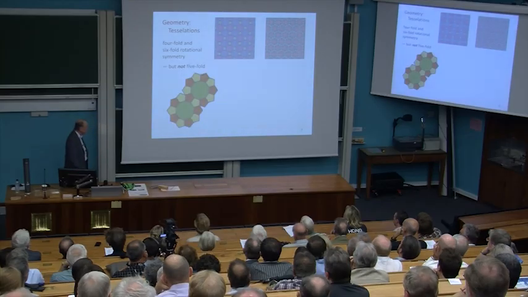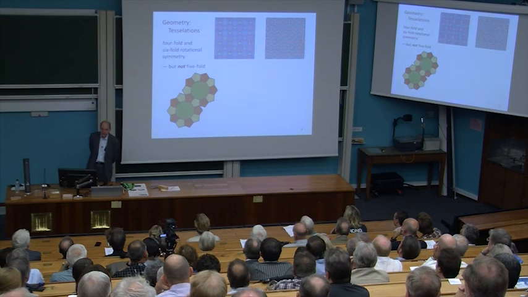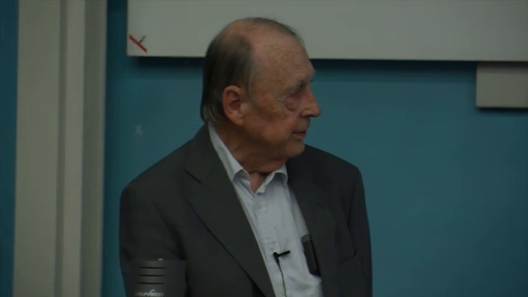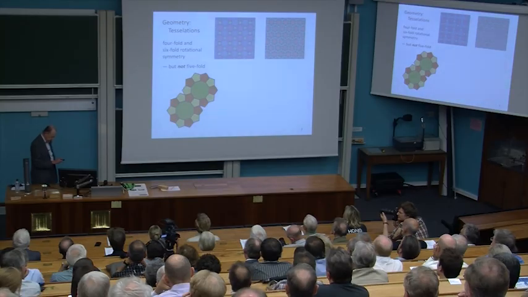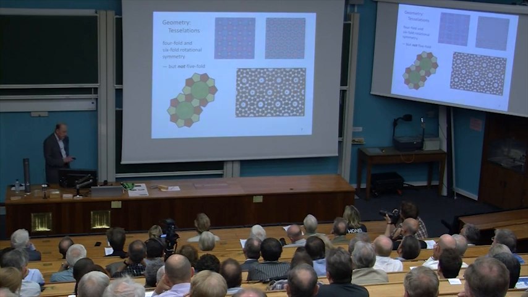What you cannot do is produce a five-fold rotational symmetry. You can start the process. You can draw a regular pentagon and surround it with a regular decagon and surround it with pentagons, but this pattern always goes wrong somewhere. In fact, the pattern I showed you earlier is an example of precisely this phenomenon.